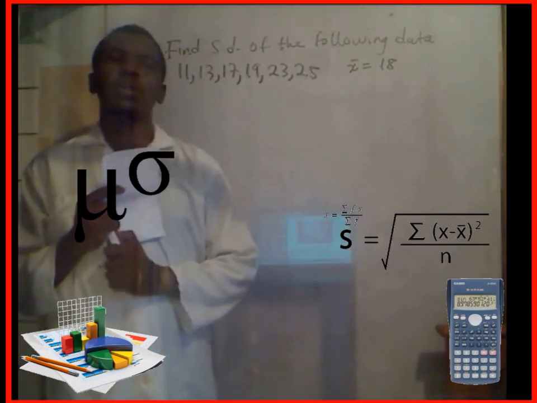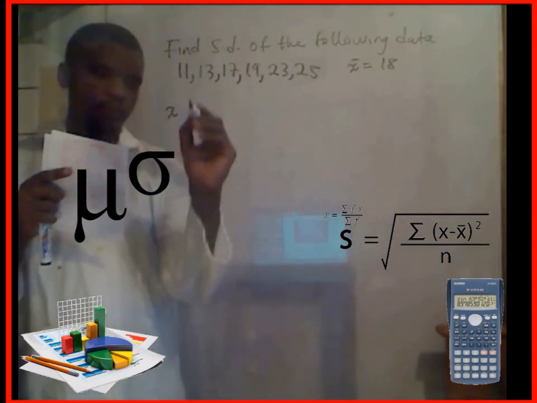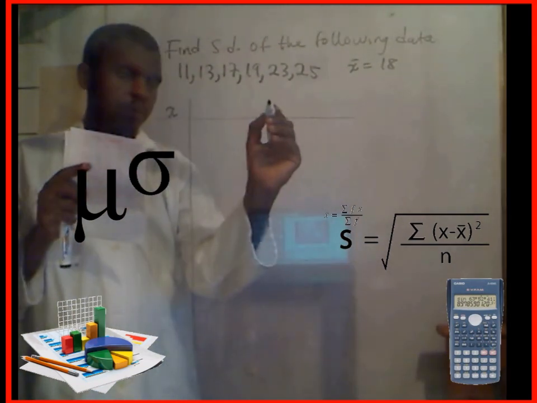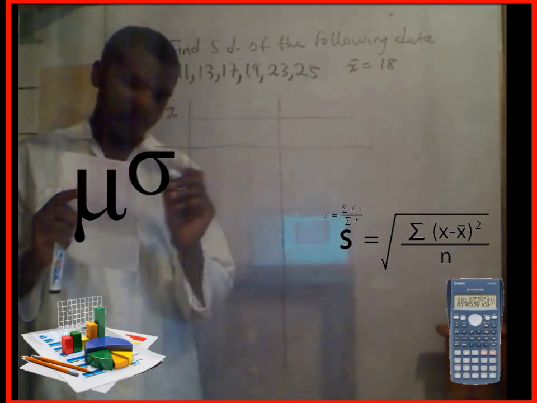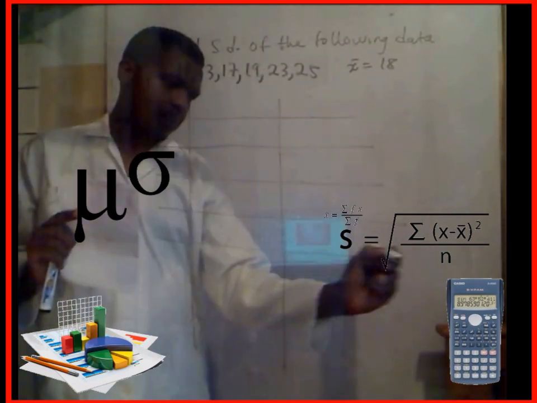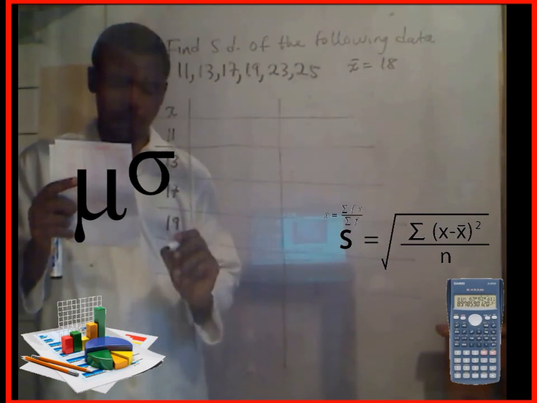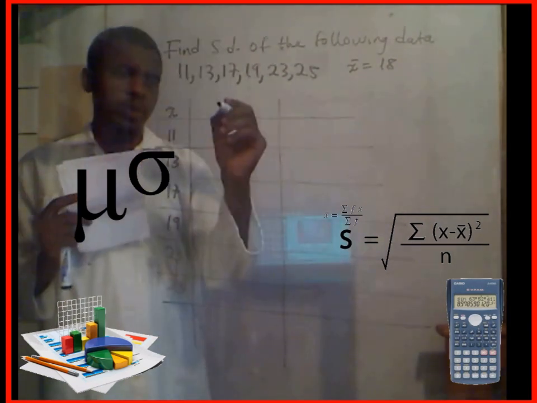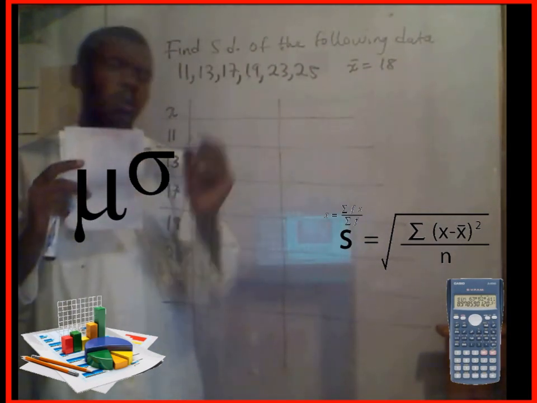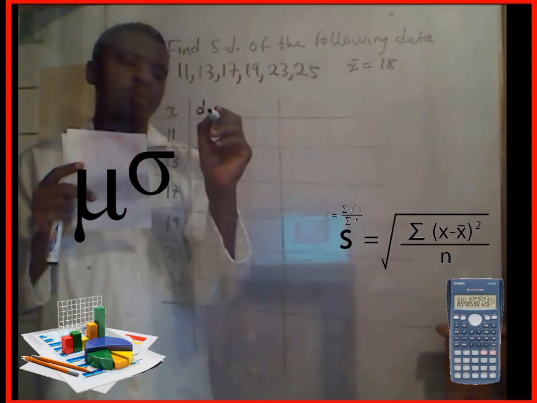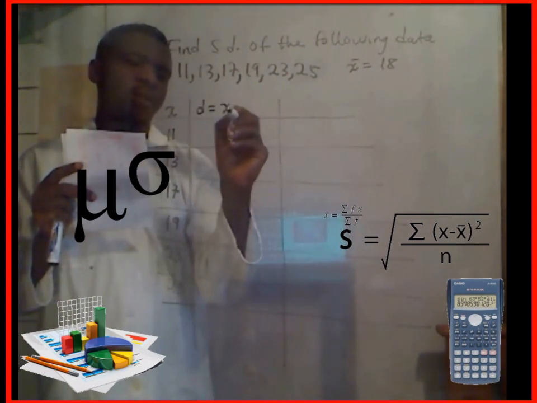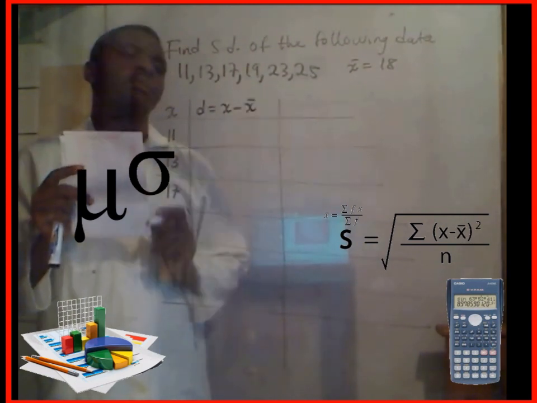I now construct a table. In this column, I calculate what we call the deviation. Deviation is the score minus the mean.